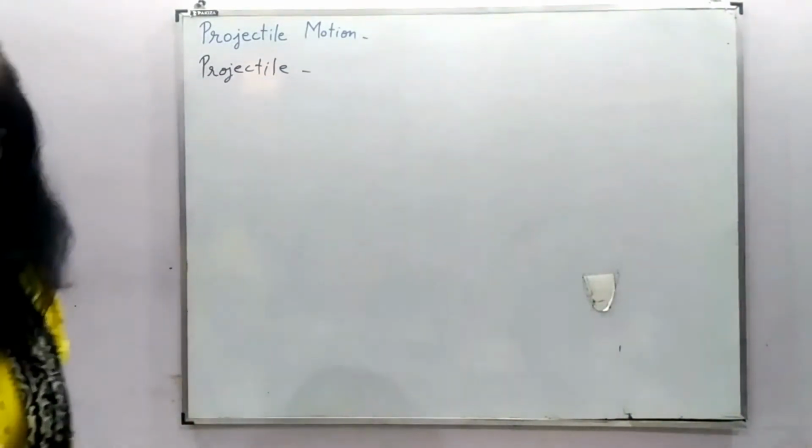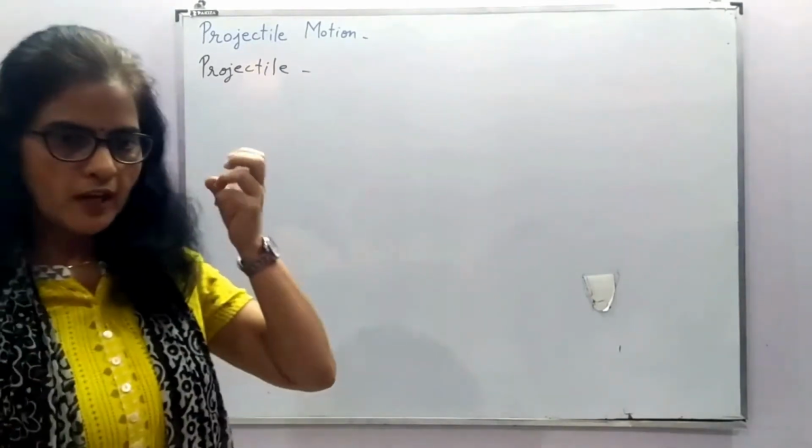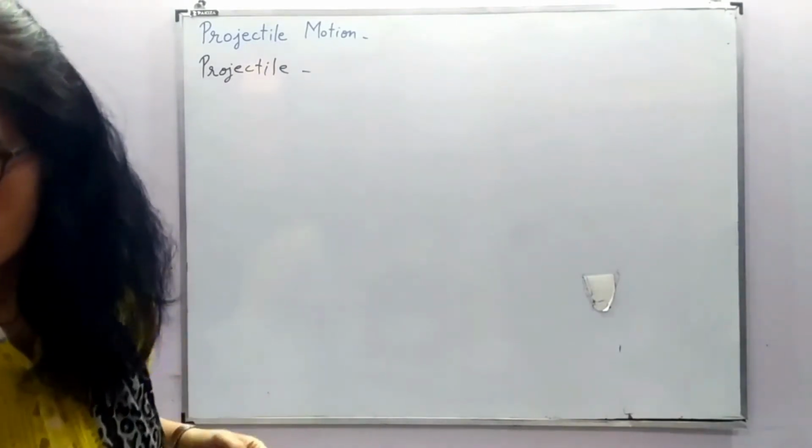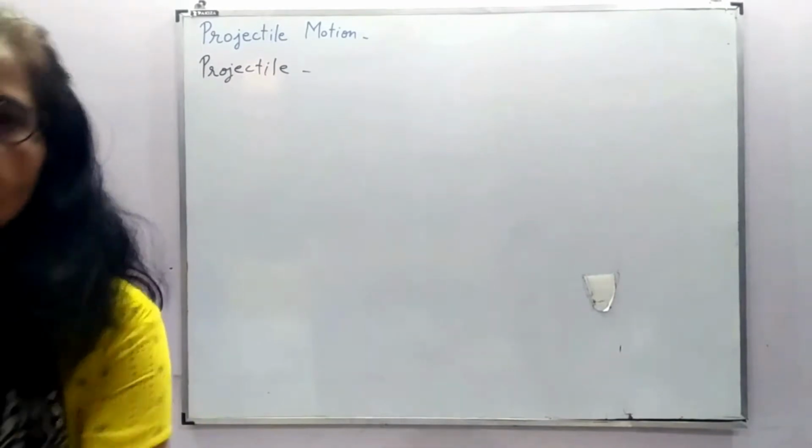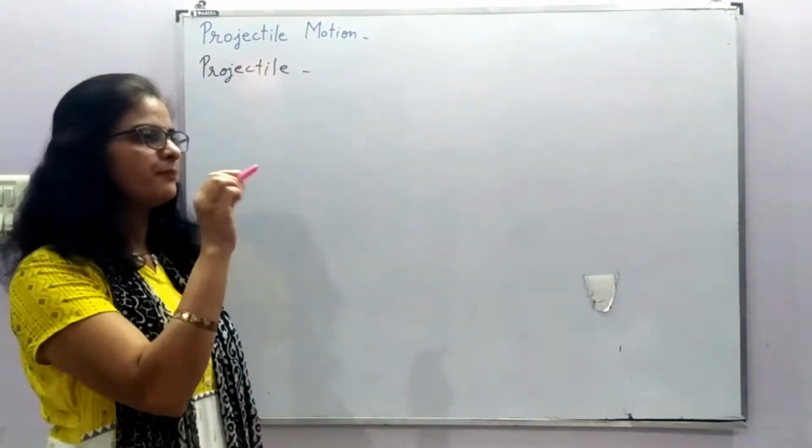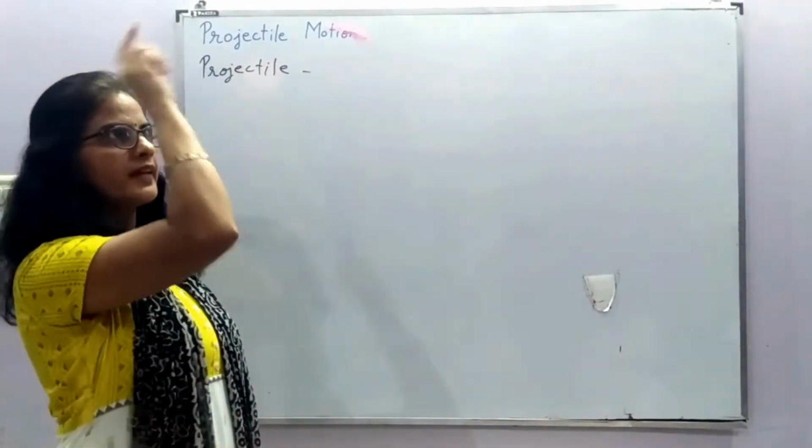So what is an oblique projectile? Suppose I want to throw something. Say for example, I am throwing this object, right? And I am throwing it like this.